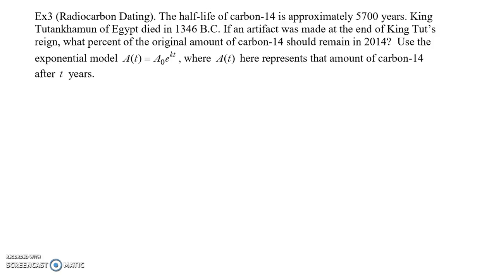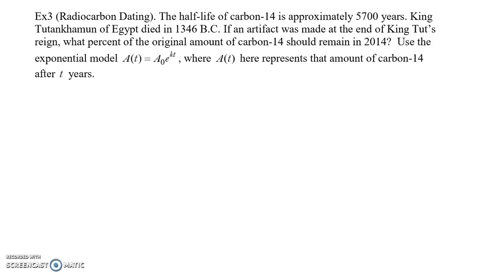What we're going to begin by doing here is determining the decay constant, k, which is a negative constant. Anytime you're dealing with exponential decay, the constant k should be negative. We're going to use the half-life of carbon-14 to determine k.